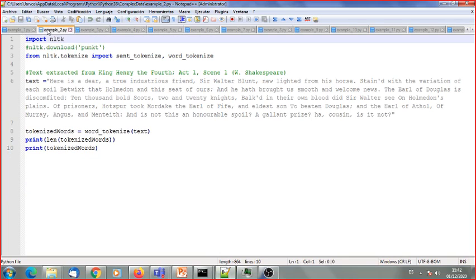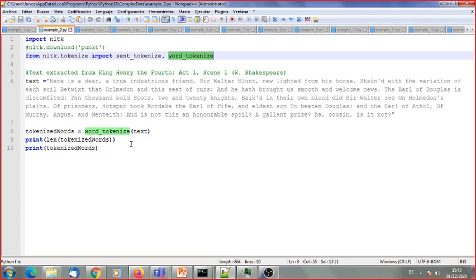So the second example here uses the same text. Instead of using sent_tokenize, we will use word_tokenize. Okay, we can tokenize the text directly, or we can perform the sentence segmentation and then the word tokenizer.